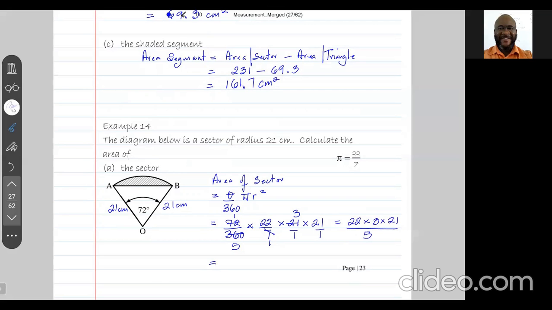And when we work that out, the area of the sector OAB is 277.2, and this is centimeters square. Turning the page.